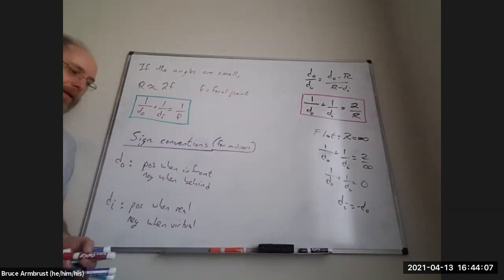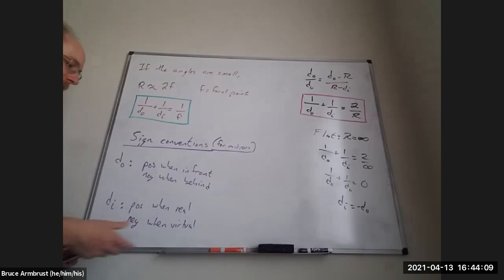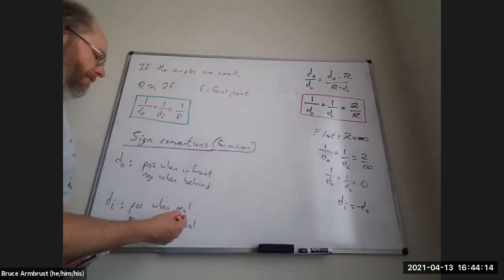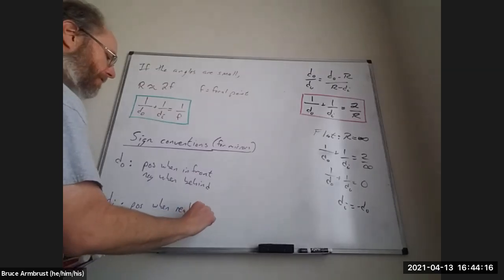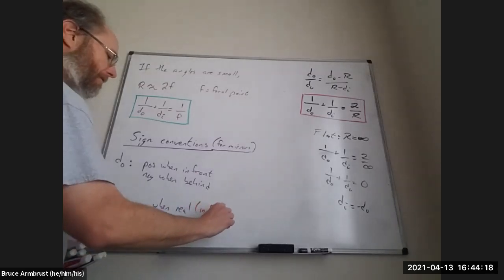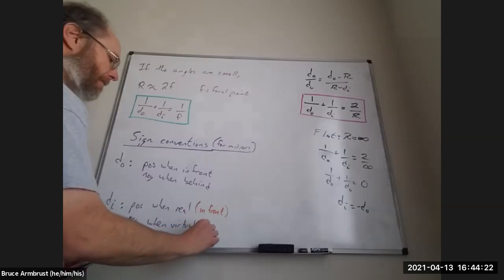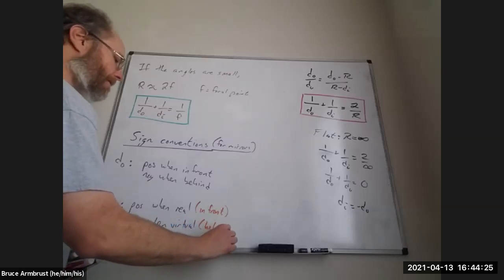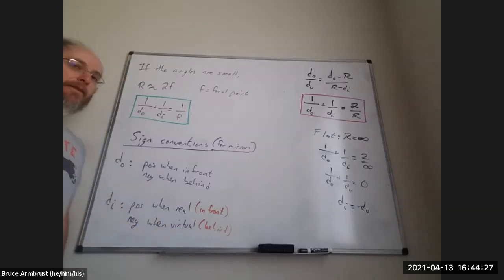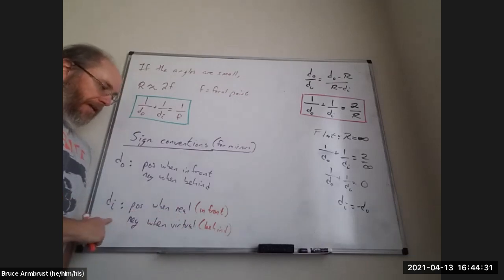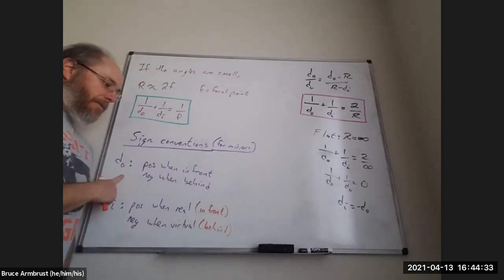But I am going to put here, because it helps out in this way too, positive when it's real. Well, real images, these are going to show up in front of the mirror. And the virtual are going to be behind it. So it turns out that the practical usage for the DI is the same as with the DO.